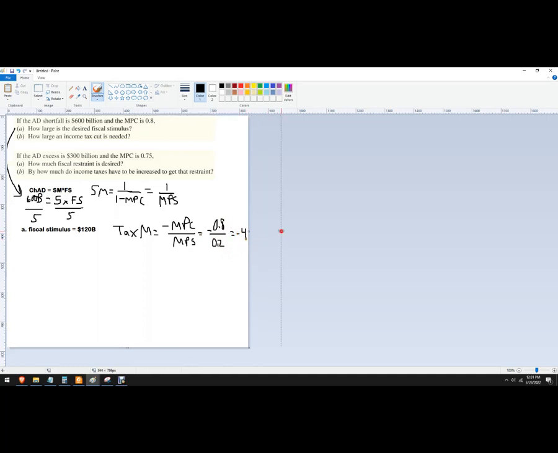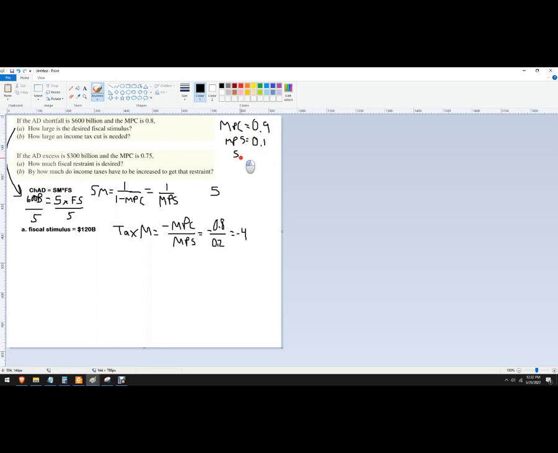Now, if you look at the two multipliers, if the spending multiplier is 5, then the simple tax multiplier is negative 4. The tax multiplier is always 1 less than the spending multiplier, and it's negative. So for example, if the MPC is 0.9, then the MPS is 0.1.